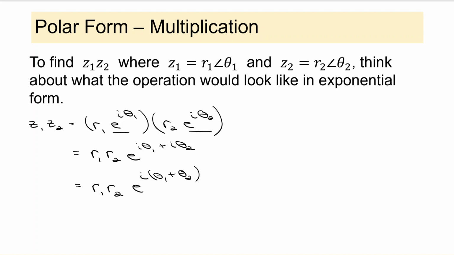So notice what we did here. We multiplied the magnitudes, R1 and R2, and we added the angles. So if I go back to polar form, what does it look like? R1, R2, and then the angle is theta 1 plus theta 2.